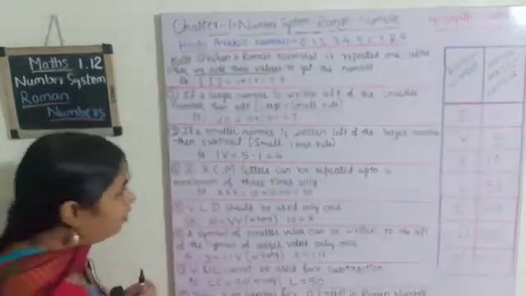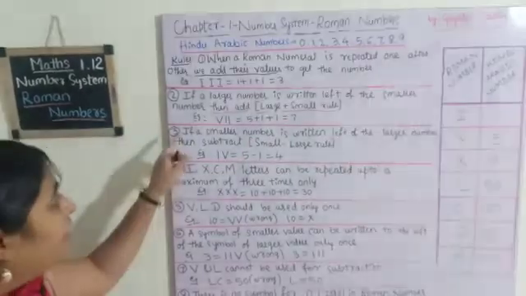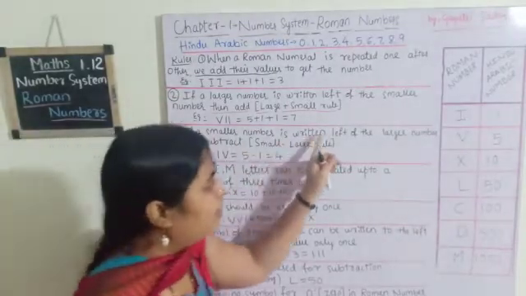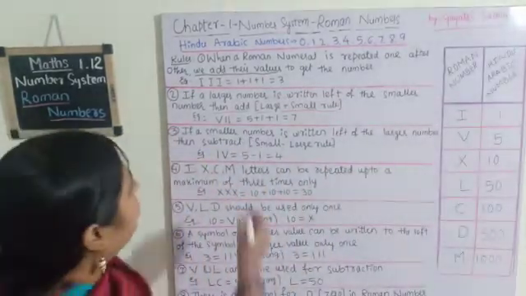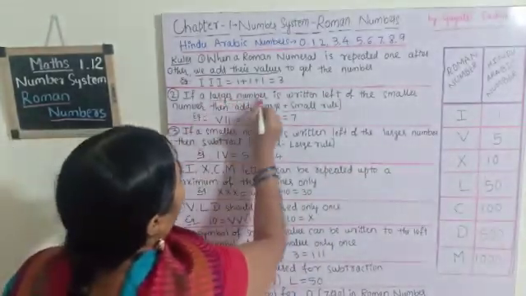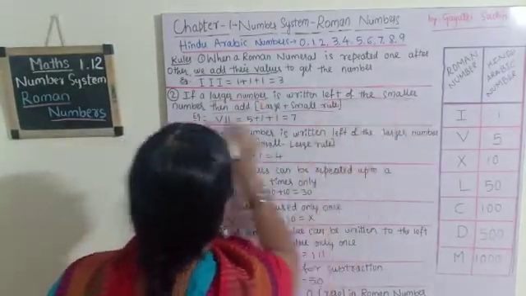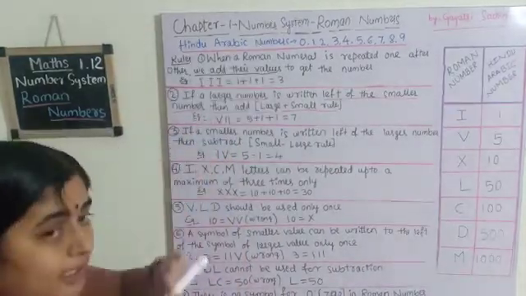Next, coming to the third rule, what it says: if a smaller number is written left of the larger number, then subtract. Here, in the second rule, the larger number is written left of the smaller number. The larger number is written first.